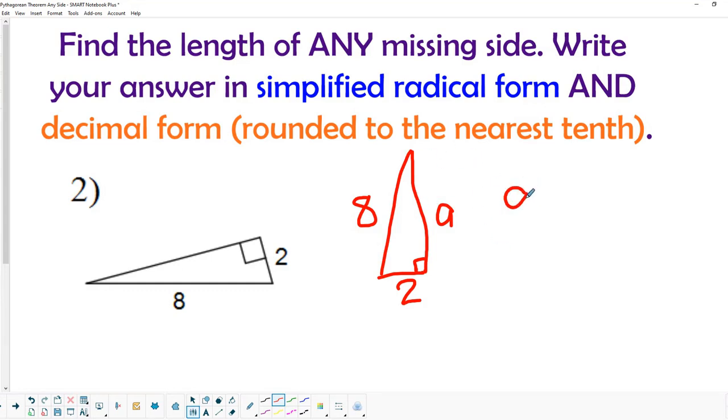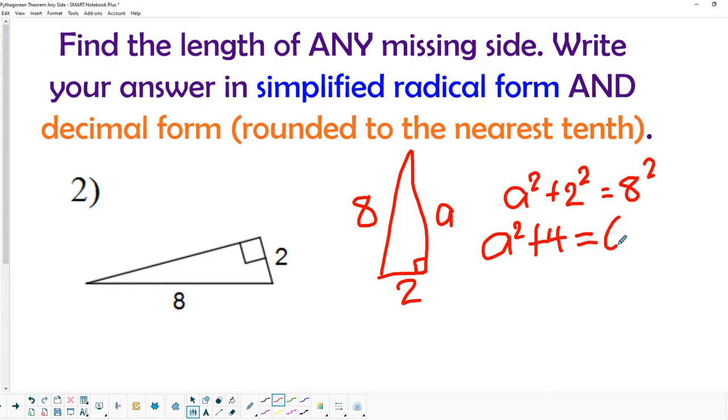I'll just do a squared plus 2 squared equals c squared. And then we just fill in the numbers: a squared plus 4 equals 64.